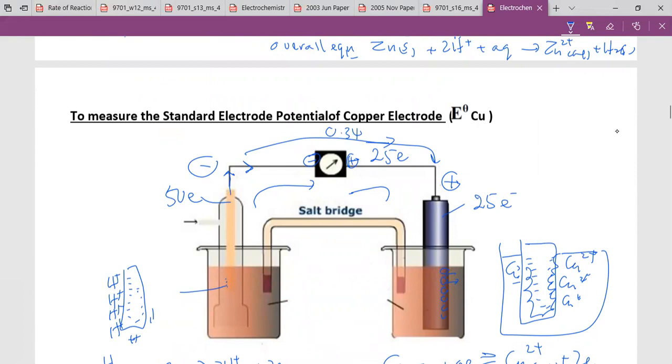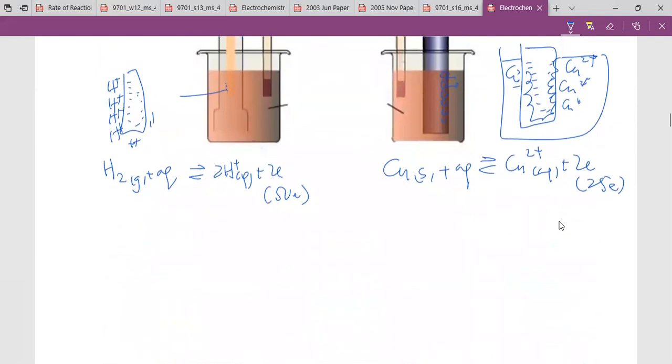It would have positive and negative; the positive because this is the positive pole as well. So why? Because your hydrogen here has more electrons. If that's the case, that means for this negative pole, what is happening? What is the half ion equation?